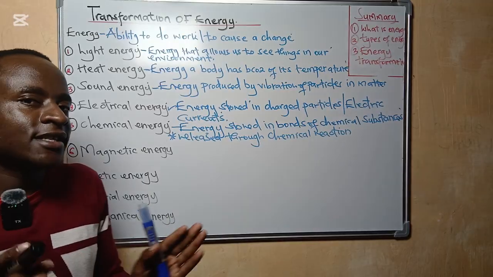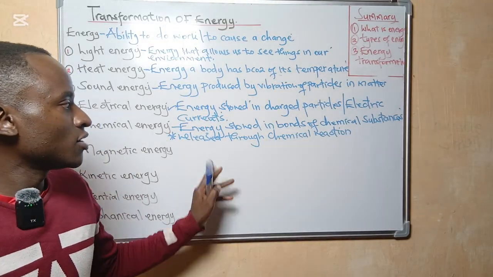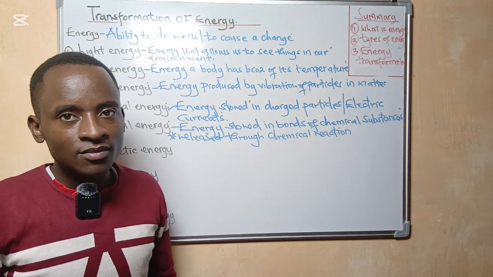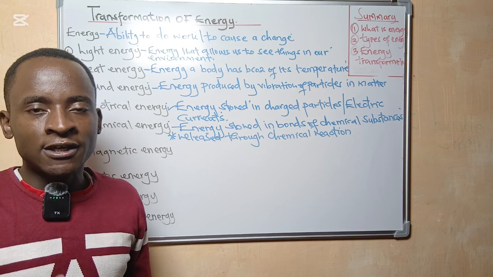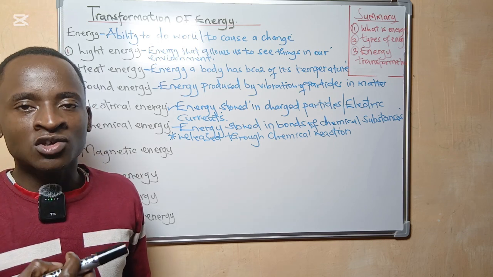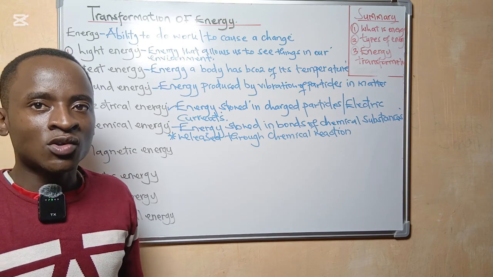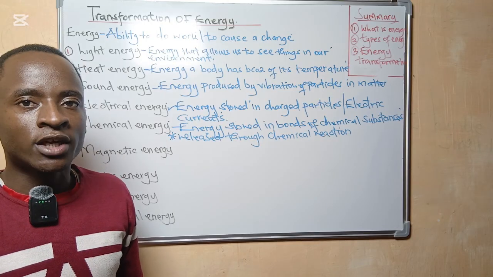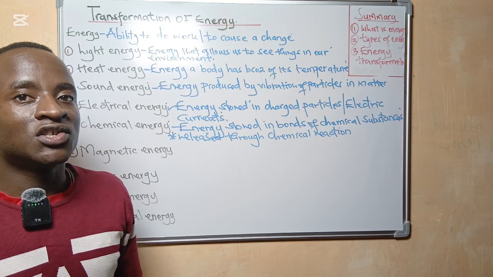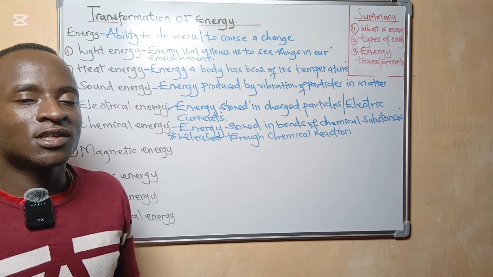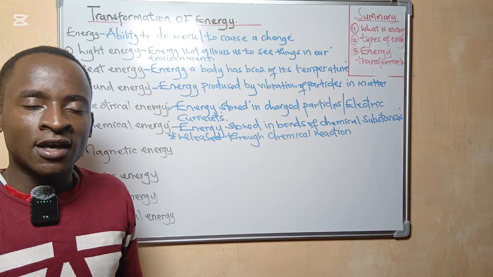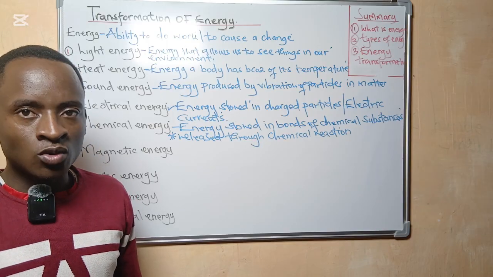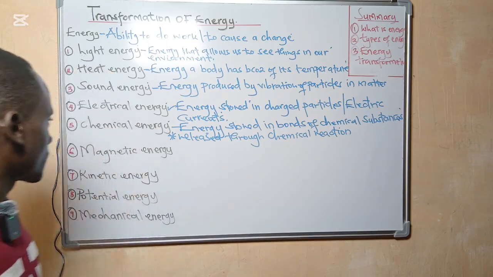And this energy can only be released through chemical reaction. So when you eat food, it goes into the digestive tract where it undergoes chemical reaction to release a chemical energy which is converted to heat energy, which helps to warm our body.